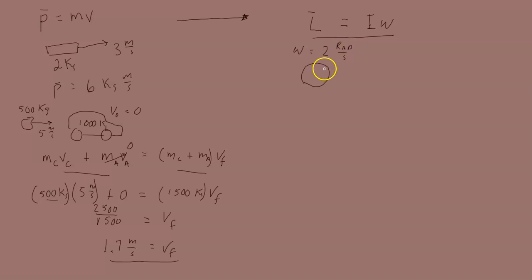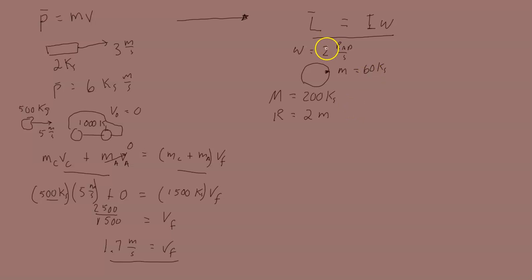There's a person on the outer edge. The mass of the person is 60 kilograms. The mass of this metal merry-go-round is 200 kilograms. And the radius of the merry-go-round is 2 meters. Pretty good size.